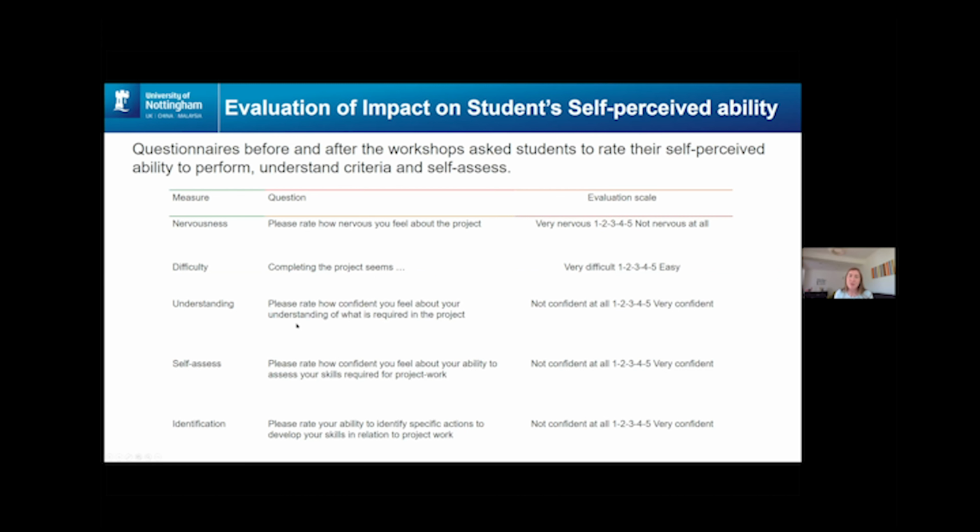How did they understand what was required of the projects? How confident were they about self-assessing themselves and being able to identify actions? Some of these we asked before and after the workshops at the beginning of the year, and some of the questions were asked at the end of the year after the feedback and reflection workshops.